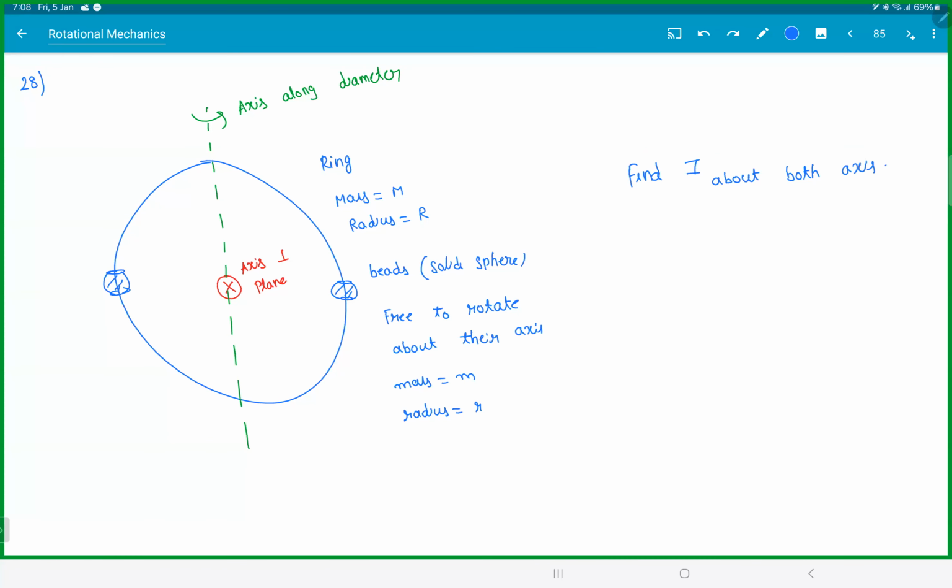How was the diagram? This gives you another very important concept in moment of inertia. Who is missing? Someone left.